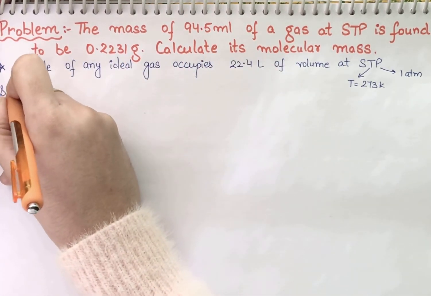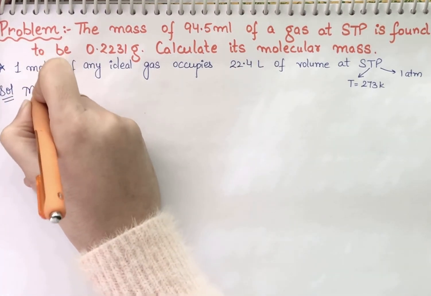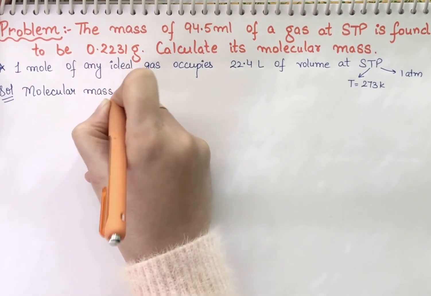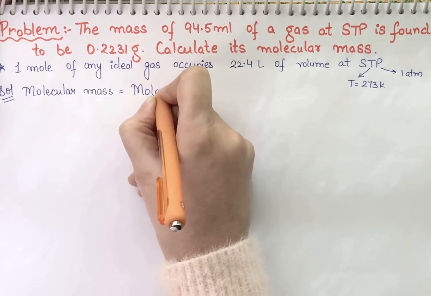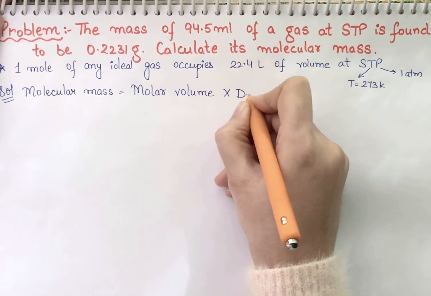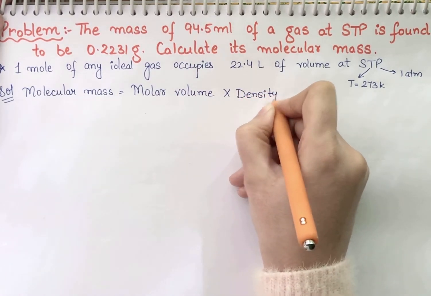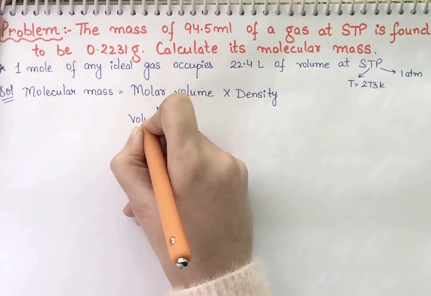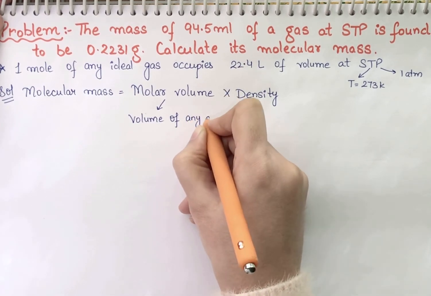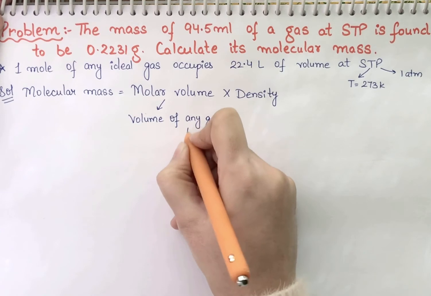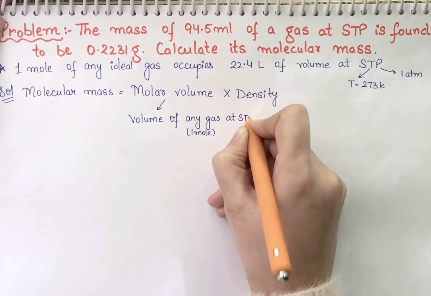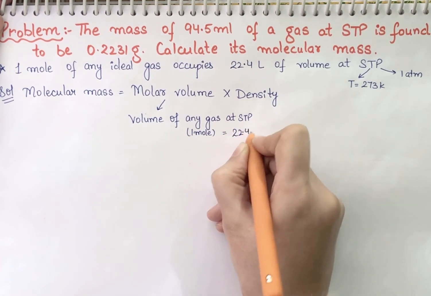So I know that the formula of molecular mass for gases is molar volume into density. Now molar volume is volume occupied by any gas that is 1 mole of any gas at STP, that will be equivalent to 22.4 liter, right?